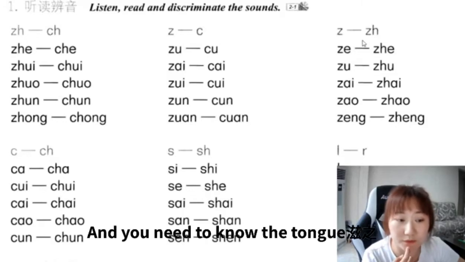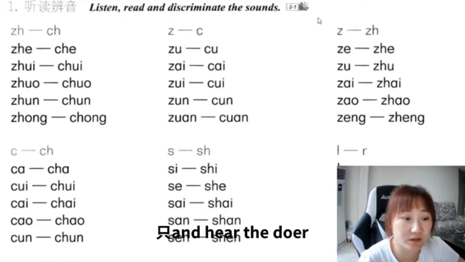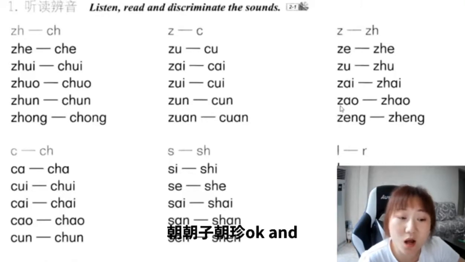And you need to know the tongue. Z, zh, z, zh. And here, z, zh, zu, zhu, zai, zhai, zao, zhao. Different. I repeat it. Zao, zhao, zhen, zhen.